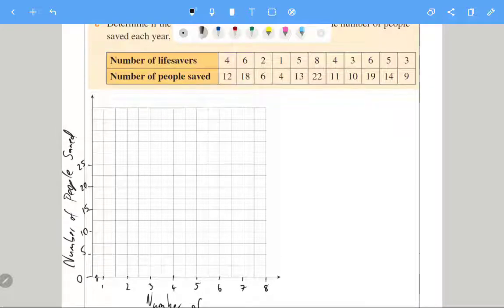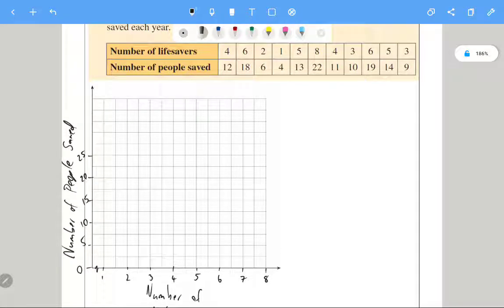Alrighty, so let's plot some points. I'll do the first few and then we'll go from there. So 4, 12: 4 on the x-axis, 12 up, so it's going to be about here. 6, 18: 6 on the x-axis, 18 up. 2 and 6. 1 and 4. 5 and 13. 8 and 22. 4 and 11.